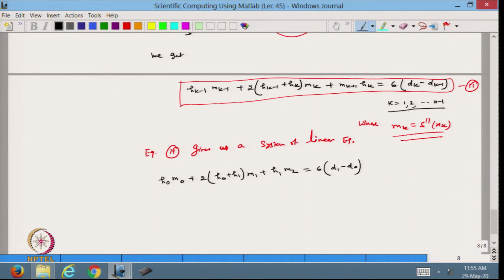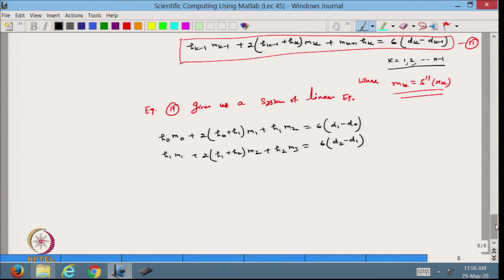Now, if I take k equal to 2, I will get h1 m1 plus 2 times (h1 plus h2) m2 plus h2 m3 equal to 6 times (d2 minus d1), and so on.